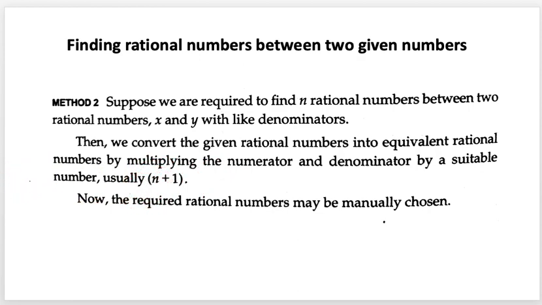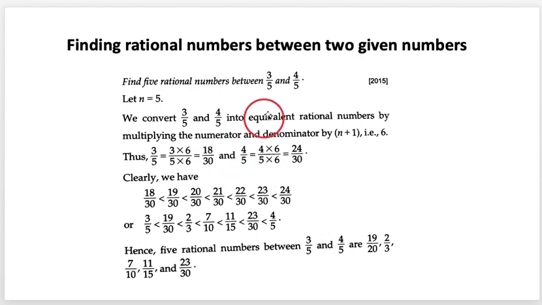Let's see one example. It will clear your doubt. Find 5 rational numbers between 3 by 5 and 4 by 5. Here they are asking for 5, so n is 5. We will multiply the numerator and denominator by n plus 1, which means 6.